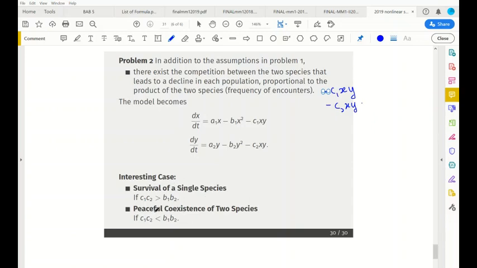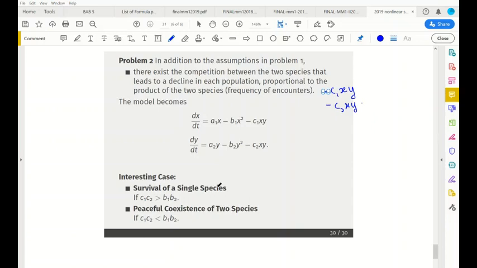And for the second case, if the value of c1c2 is less than b1b2, we are able to see the long-term solution is peaceful coexistence of two species.